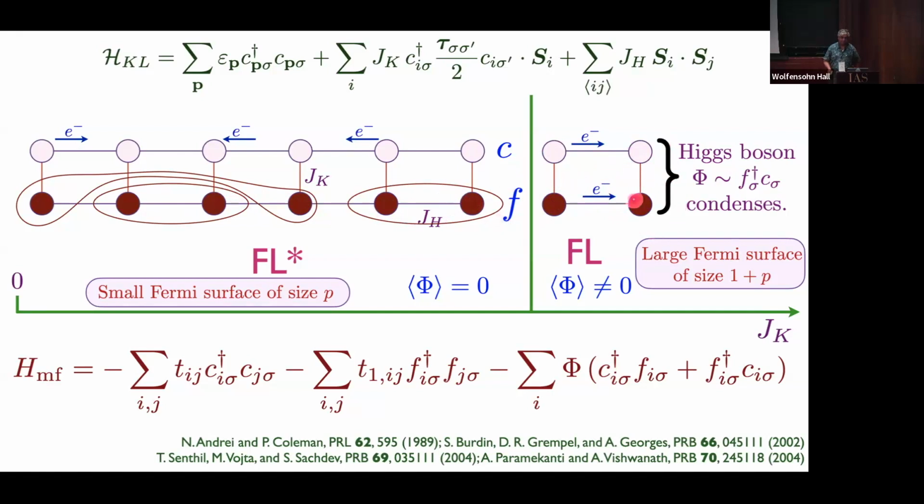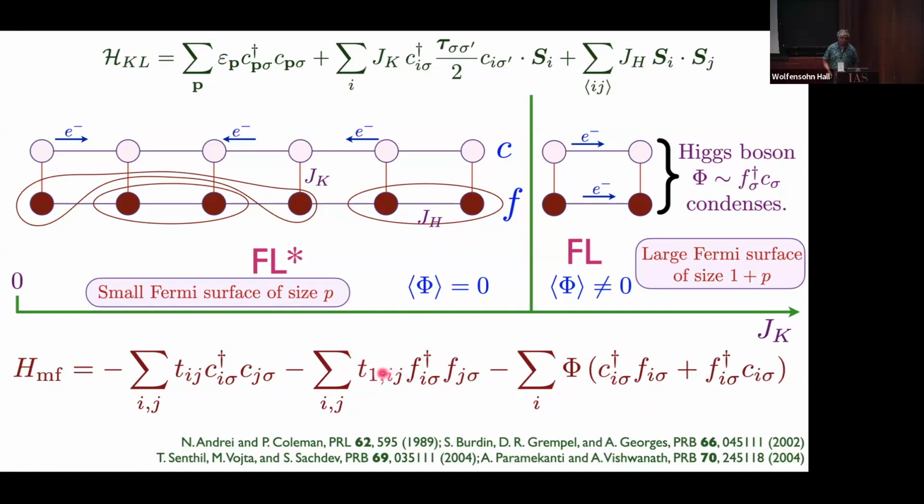Anyway, so once this boson condenses, then you can write down some mean field Hamiltonian for the conduction electrons and for the hybridization between the conduction electron and the F spins mediated by this condensate. And then you could also take the J sub H term and decouple it by Hubbard-Stratonovich transformation, and that gives you the hopping of these spinons.